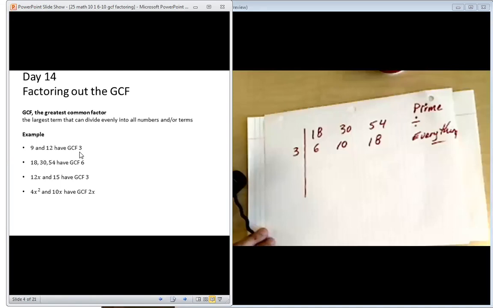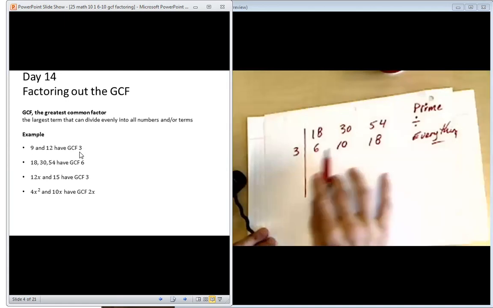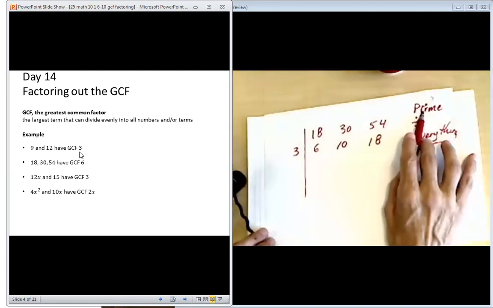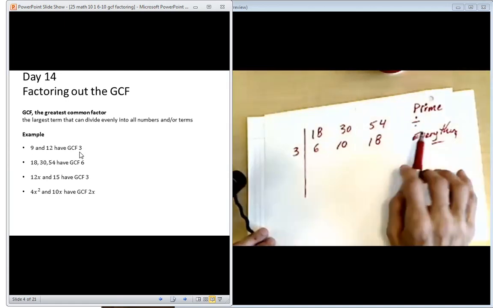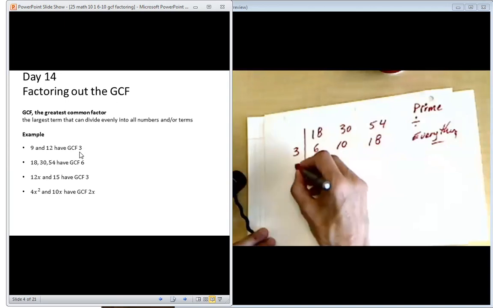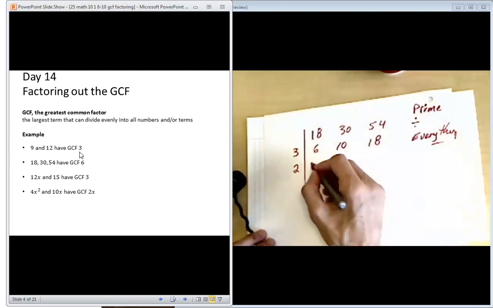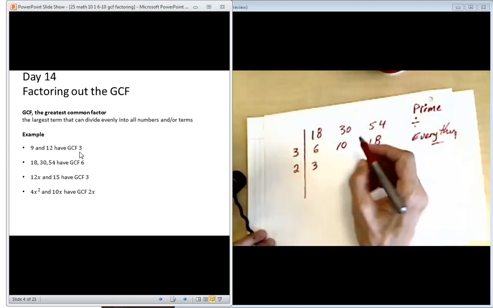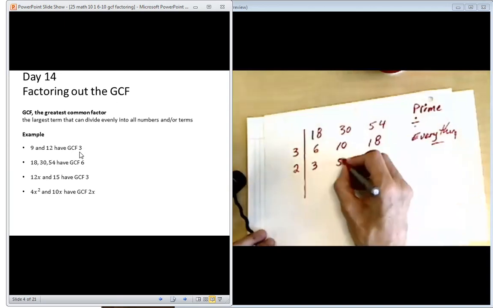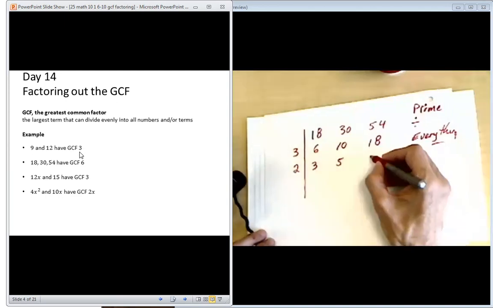Okay, so now we do it again. What prime number divides everything? Yeah, for sure, 2 works. Nice, we get a 3 here by dividing, yeah. Here we get a 5, that's true. 9, right.